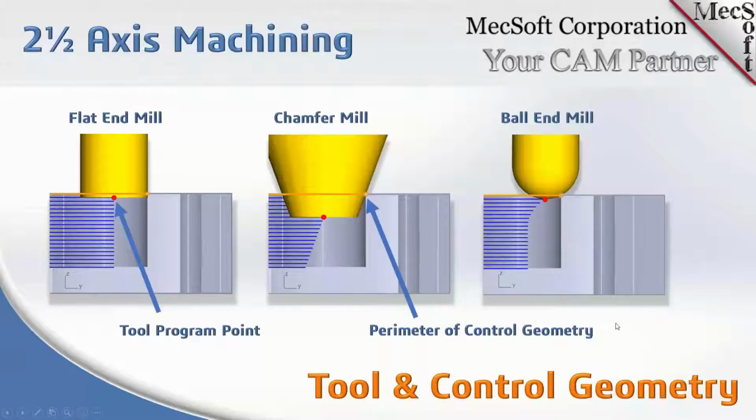This throws a lot of new users. They're saying, why am I not getting an offset? The reason is that the contact point of a ball end mill on the control geometry is right on it at that particular cut level. So that's something important to watch out for.